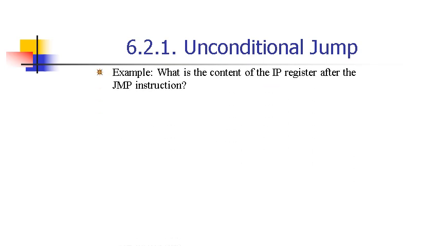Another example for the unconditional jump. You're given now the pointer BX, the base address pointer, within brackets, which means you are jumping to a place whose address is placed in BX.